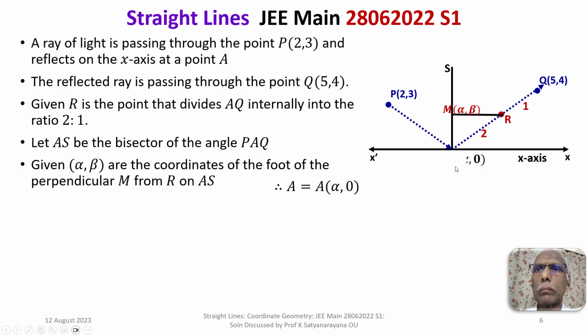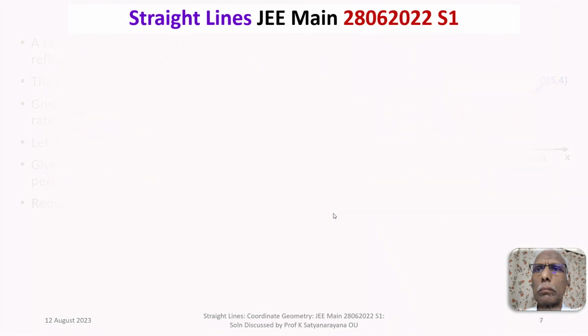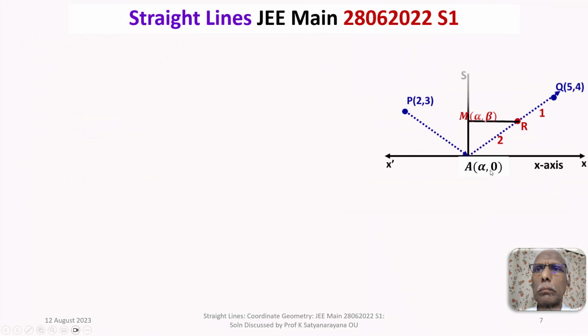We are required to find the value of 7 alpha plus 3 beta. So first we have to find alpha and beta, then compute this. We continue the discussion in the next slide.